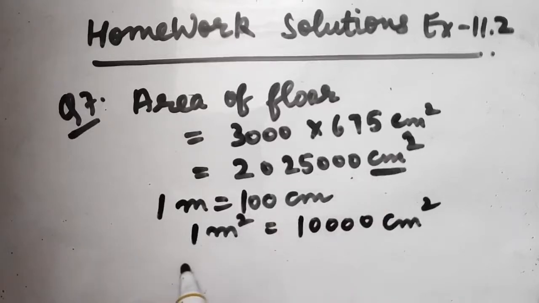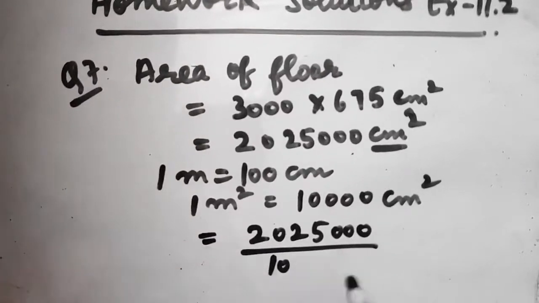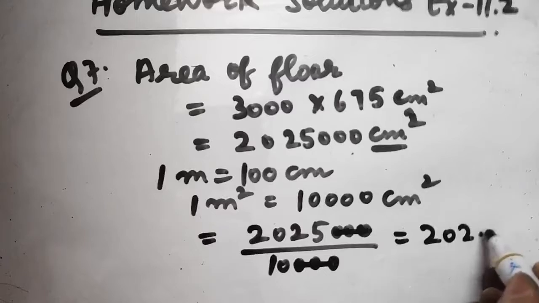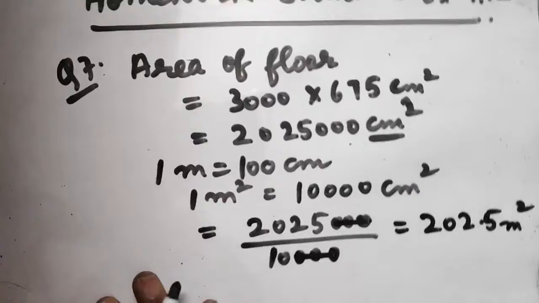So area in meters square will be, I am dividing the area in centimeter square by 10,000. So these will get cancelled out and you will be getting 202.5 meters square.